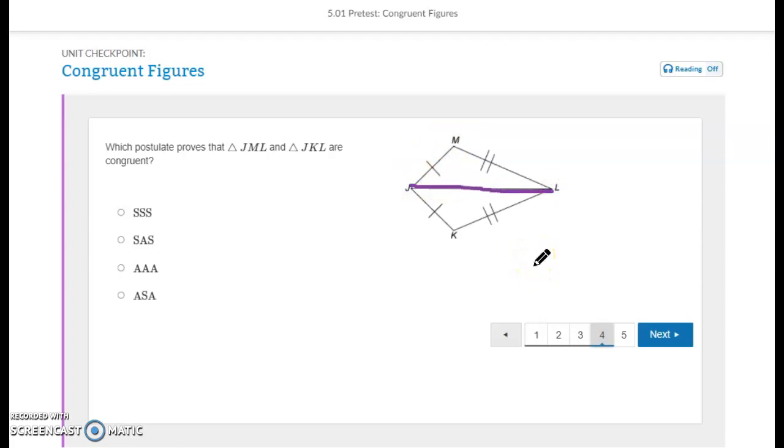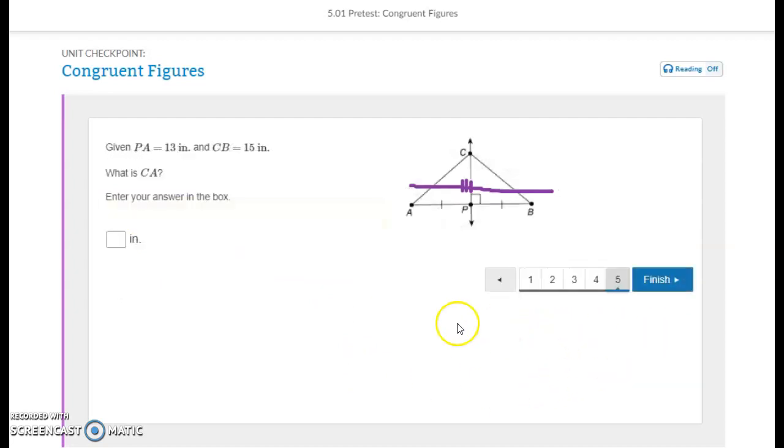Since they both share that side, it has to be the same size for both of them. That is the third piece of information. In one triangle, all the information they tell us about is sides, so this is side, side, side. That's going to be the answer for that one.